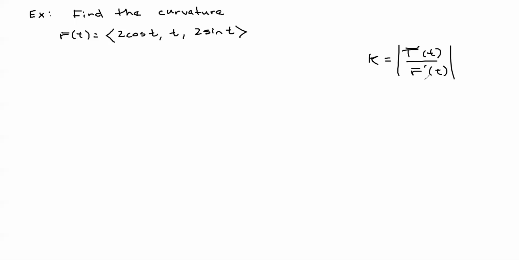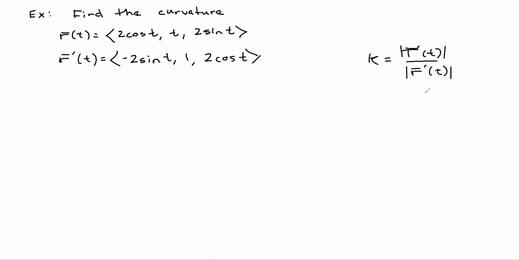We need r prime at some point because we want to find that in the bottom. Wait, hold on, these lines need to be on top and bottom. All right, so we need r prime. We get negative 2 sine t, 1, 2 cosine t.